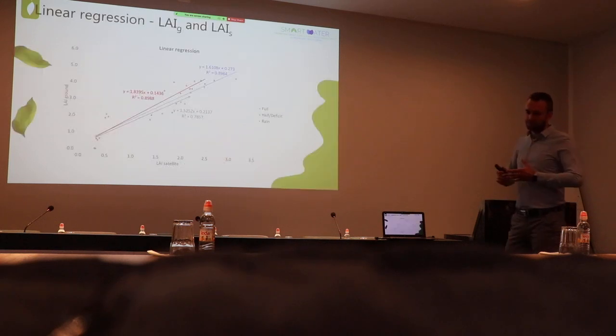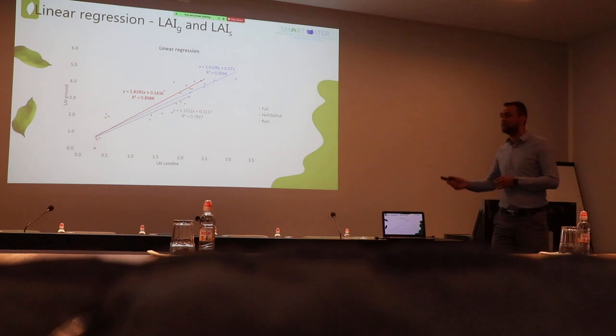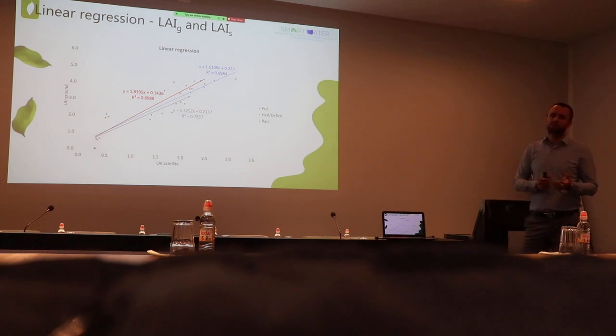And very important for leaf area index is to calculate linear regression and the correlation coefficient between measurements from the ground and from the satellite.